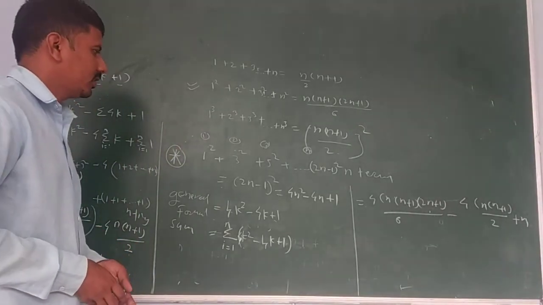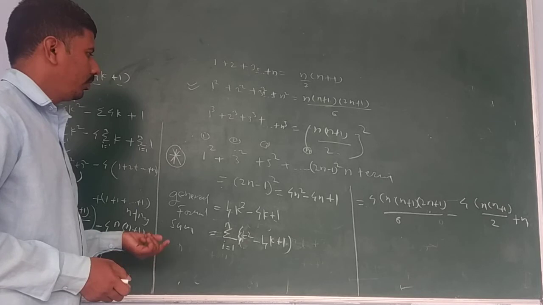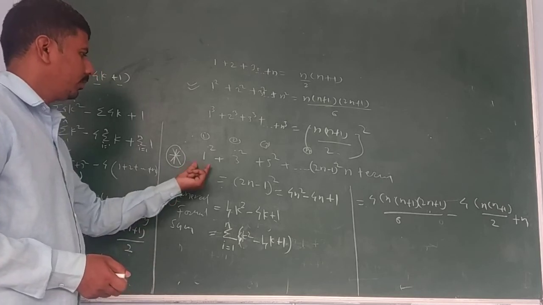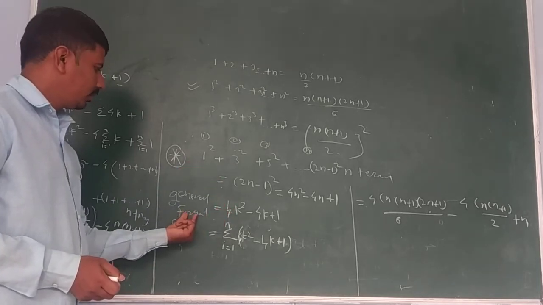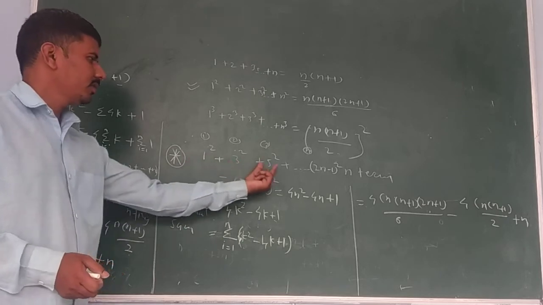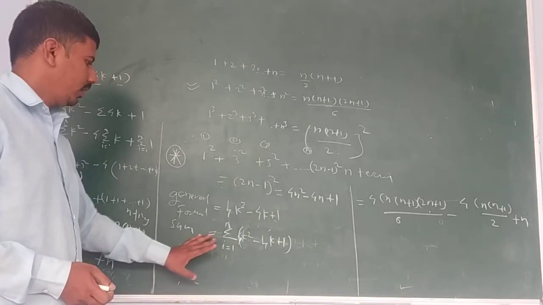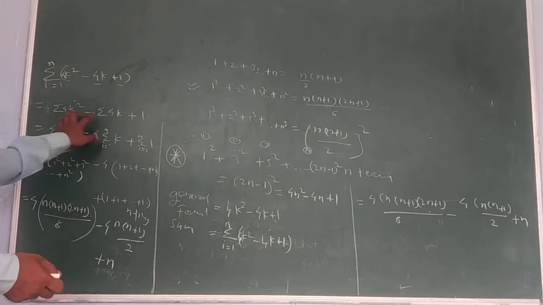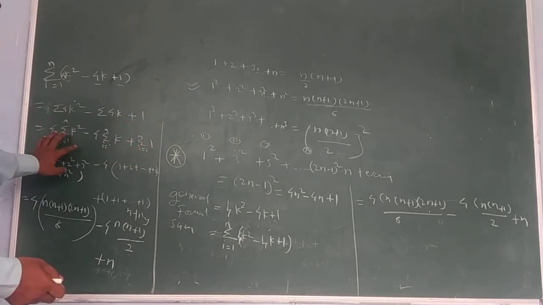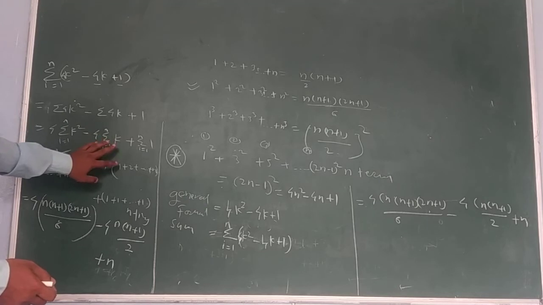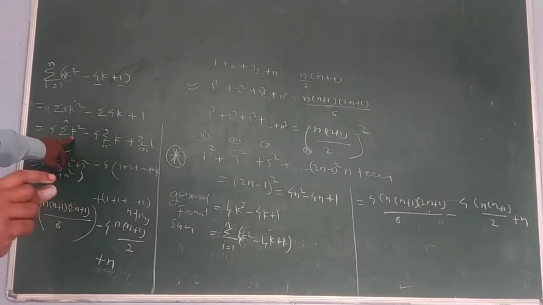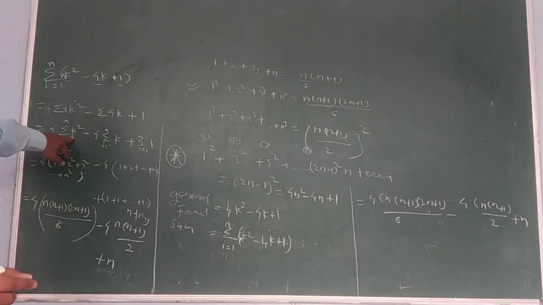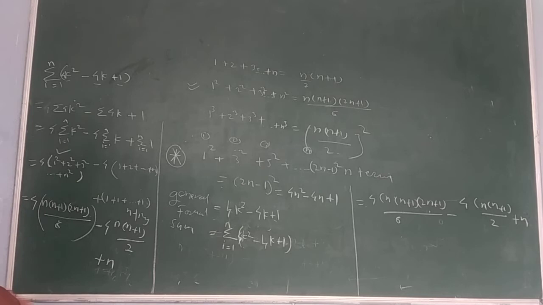What did we do in this problem? We first determined the general formula of any term of this series. Then we applied summation to each part of that formula. Then we got the summation of k square and summation of k. Summation of k square means addition of terms starting from 1 to n, where each term is treated as k square and k's value goes from 1 to n.